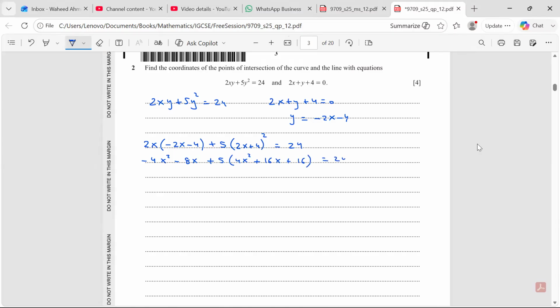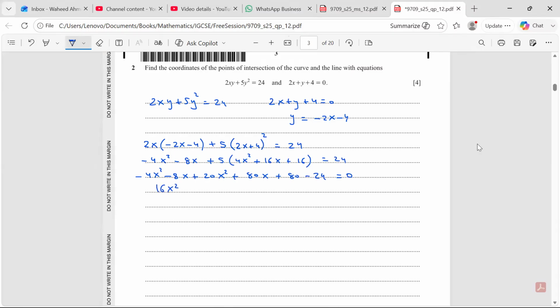Equals 24. So let me open: minus 4x squared minus 8x plus 20x squared plus 80x plus 80 minus 24 equals 0. I put everything on the left side. Now I have 20x squared minus 4x squared, so this is 16x squared, am I right?